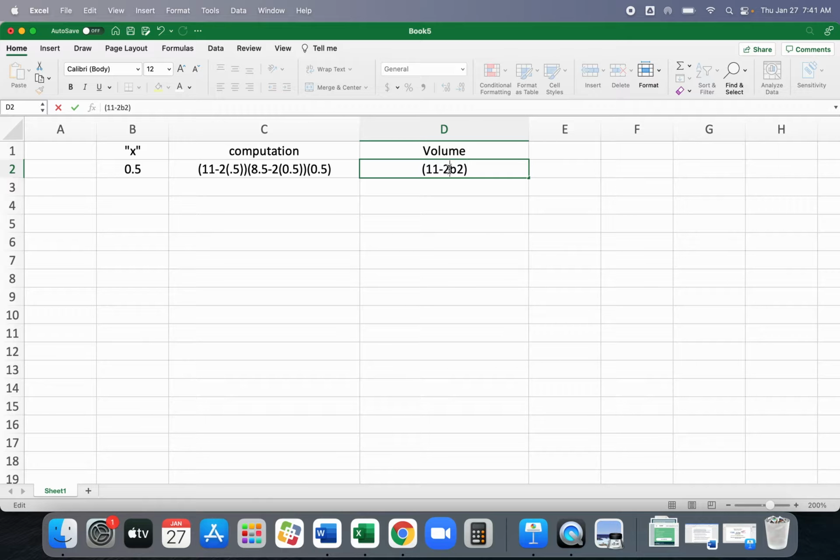It's going to tell me to put a times sign in there because it's not a math program, it's a spreadsheet. 11 minus 2 B2s, 8.5 minus 2 B2s, and then times a B2. I don't know what version of spreadsheet I'm in here. But if I want this to compute that, I'll just put an equal sign in front and it says, okay, volume's 37.5.